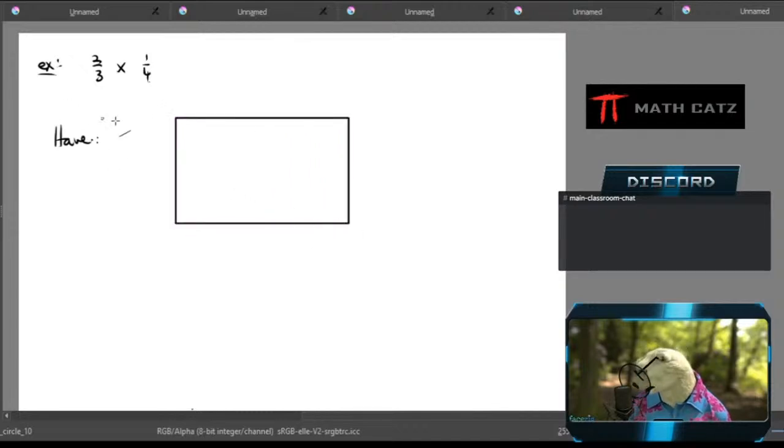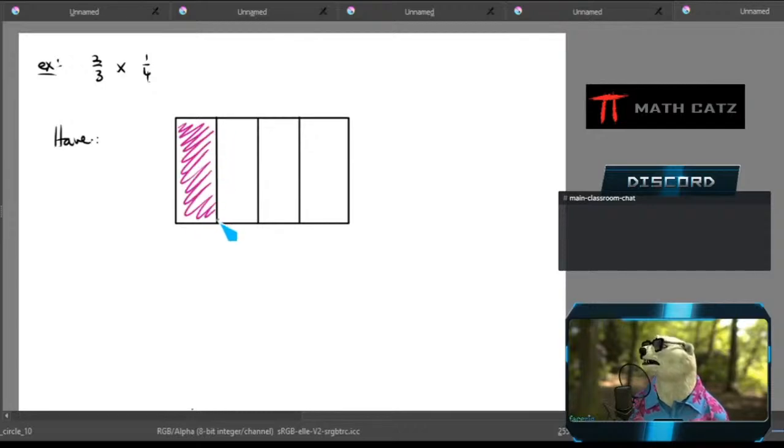So let's represent that, and because it's 1/4, I need to split it up into 4. All right. And then let's color in what we have. We have 1. It's not nothing, but it's not much.